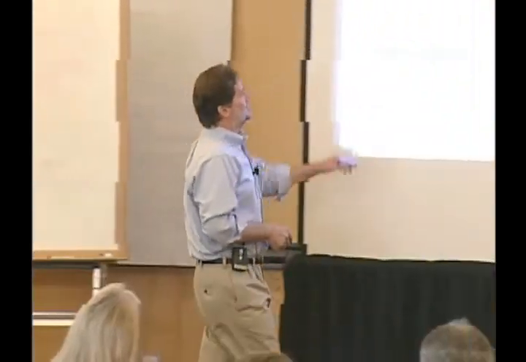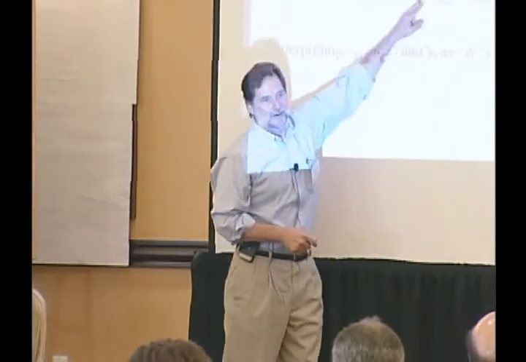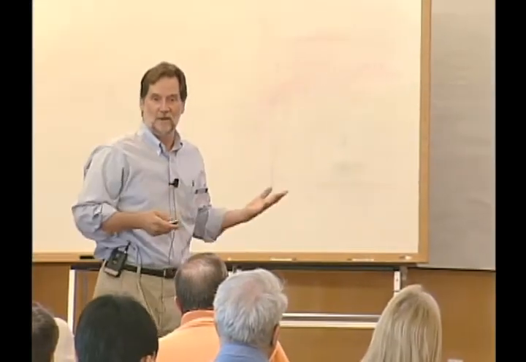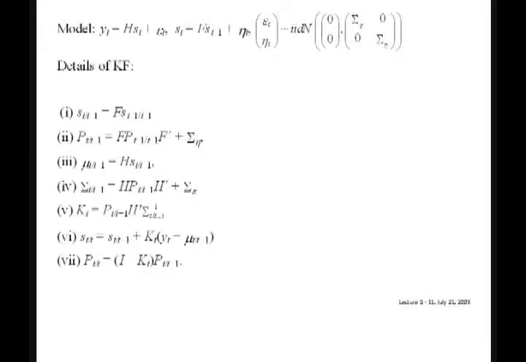So all we have to do is figure out what the means are and what the variances are, and then apply the econometrics Stat 101 formula for the multivariate normal. Okay, so that's what this slide does.